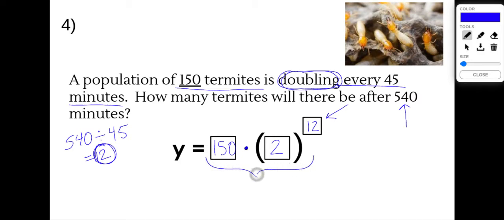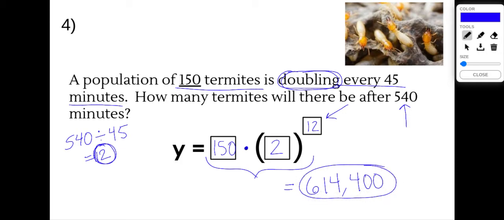Imagine 150 termites getting doubled 12 times. That's huge exponential growth. And the calculator should say 614,400 termites. Wow. You got a termite problem.